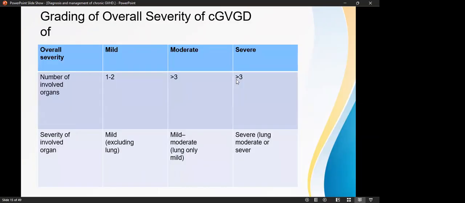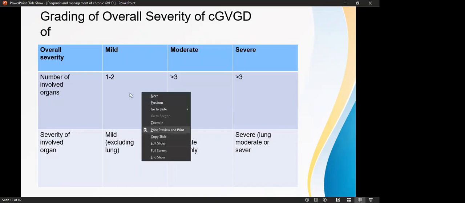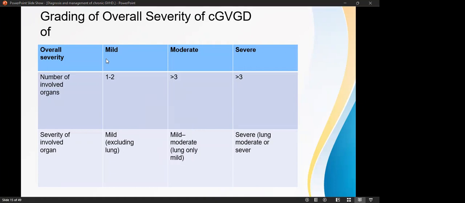And overall grading of organ GVHD, we can score the overall severity of GVHD as mild, moderate, and severe.